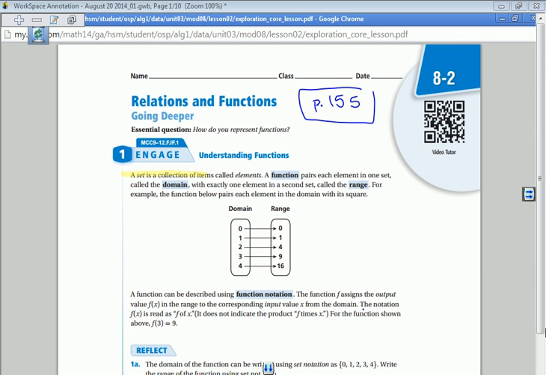So a function pairs each element in one set, and we call that first set the domain, with exactly one element in the second set. And we call that second set the range. So a function pairs each element in the domain with exactly one element in the range.